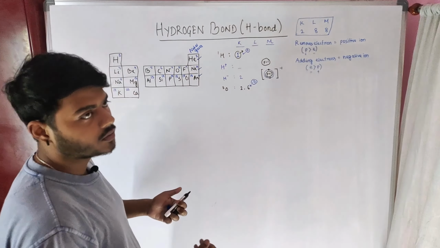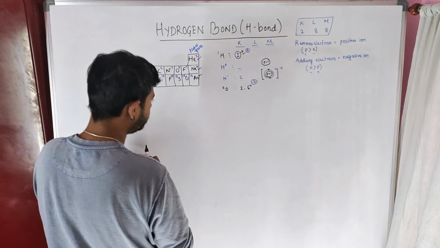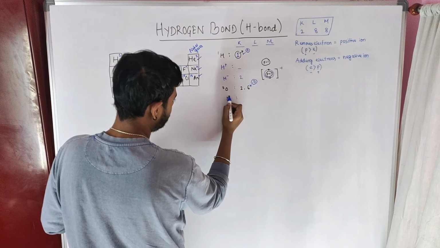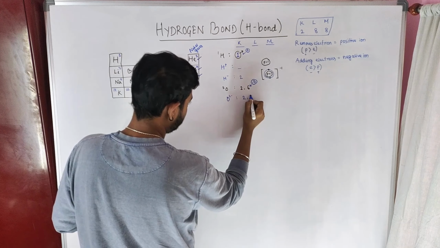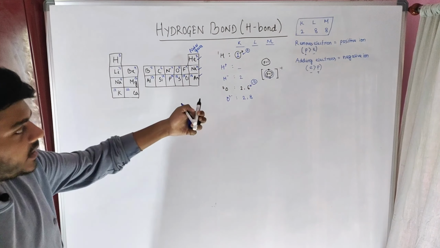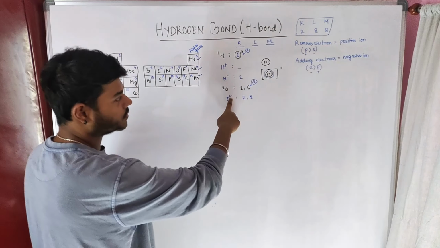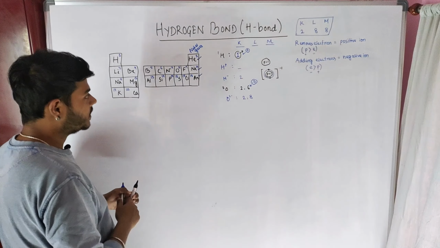Taking in 2 is easier than removing 6. So oxygen forms an oxide ion, O2 minus, and the electronic configuration becomes 2,8. Since it is taking 2 electrons, the charge is given as -2. 2 extra electrons, 2 extra negative charges.